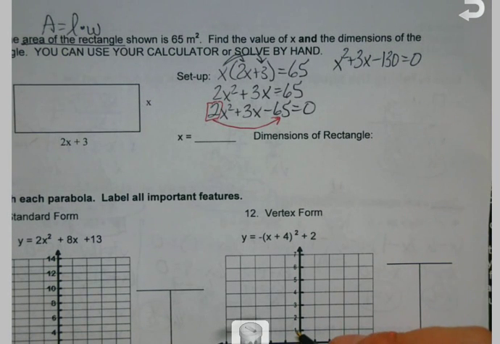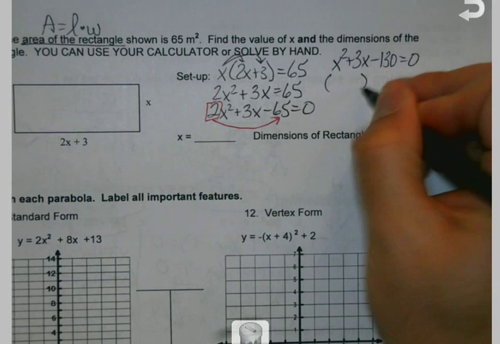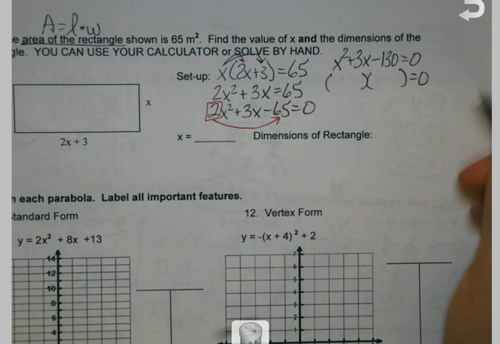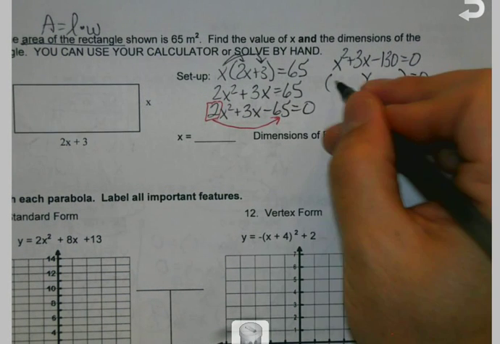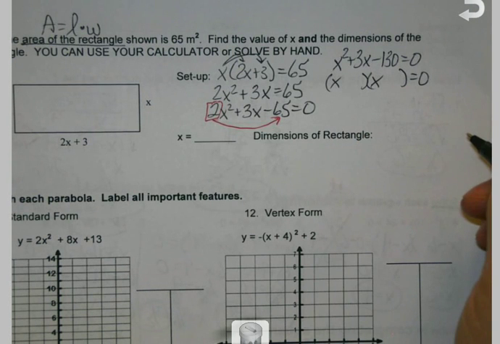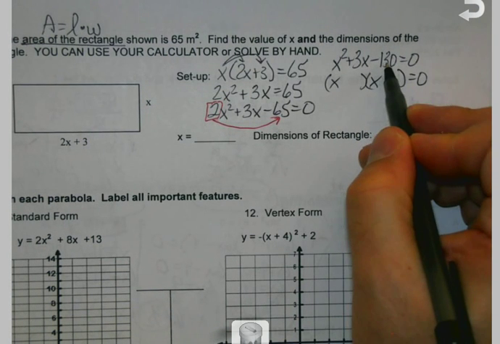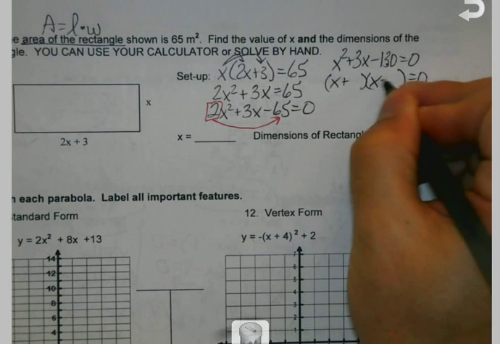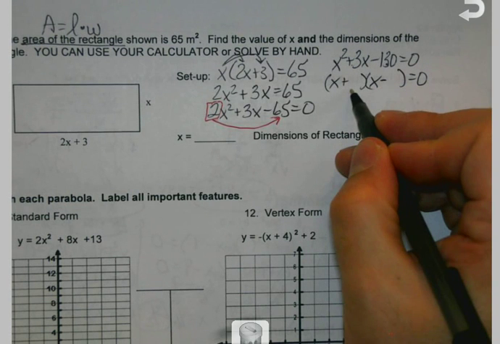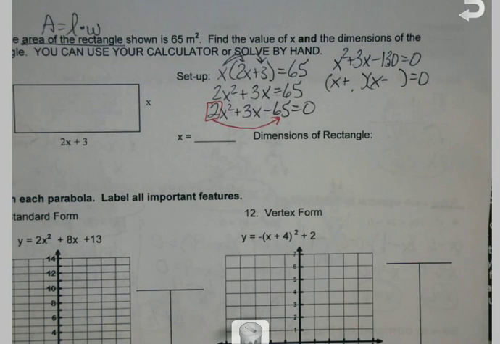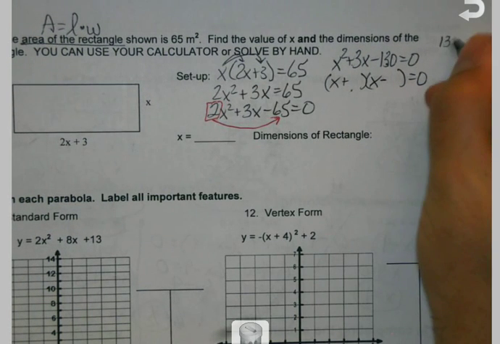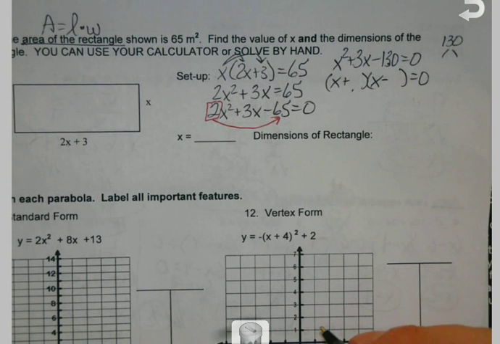So my 2 got multiplied down, and I'm probably going to have to do a little work here with the chart or maybe with a calculator. Because I look and I go, okay, multiplies to a negative, one of each sign. Adds to a positive, means this is going to be bigger. So I need 2 numbers that multiply to 130, but are 3 apart.